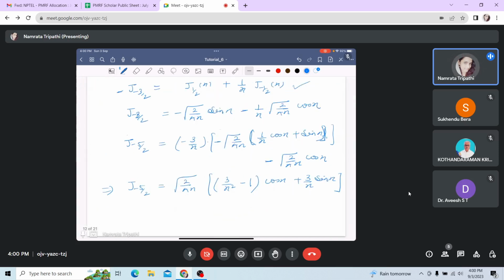So the value of z minus 3 by 2 you can calculate in this way, and z of minus 5 by 2 you will get. Is it okay? Yes, ma'am. Okay. So let's move to the next question.